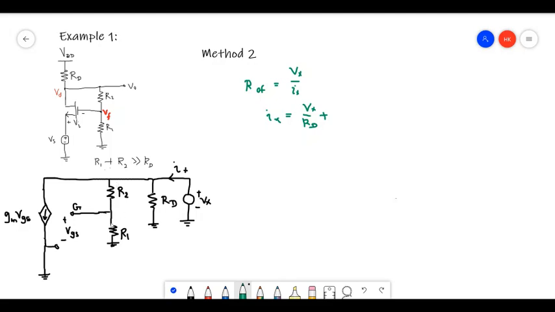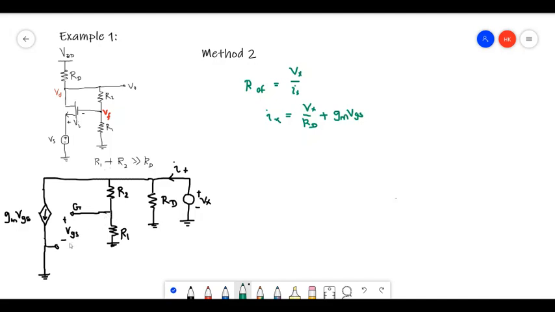So we can neglect the current going through this. So that will leave us with the current source GmVGS, right?